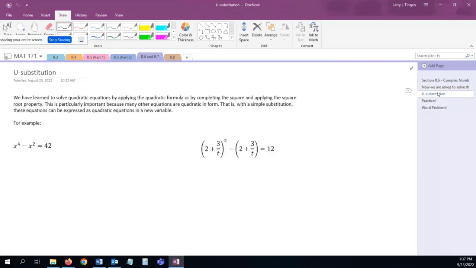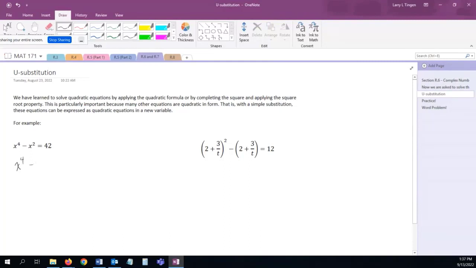All right. Now, next part of this, u substitution. U substitution says what? Well, we've learned a whole lot going through this process about solving quadratic equations. Take a look at the equations down here below. I have x to the fourth minus x squared equals 42.